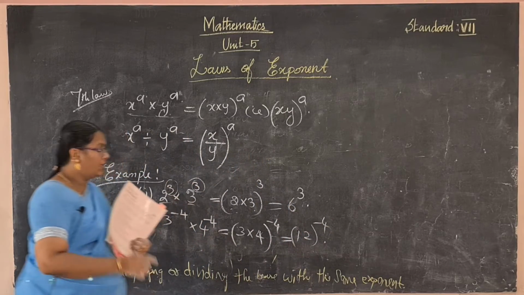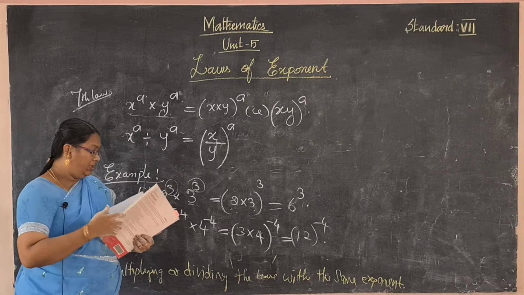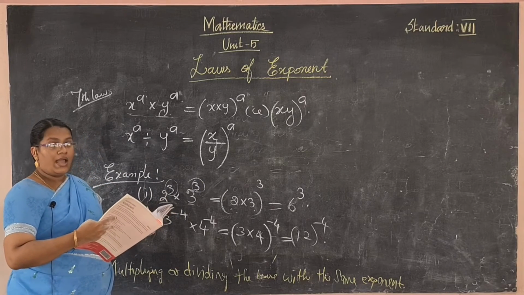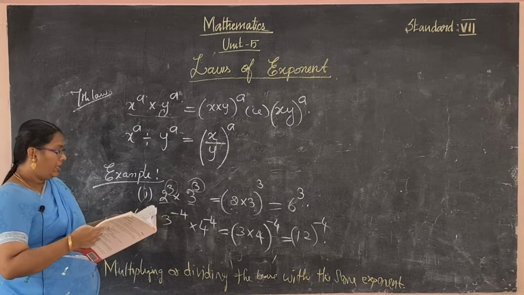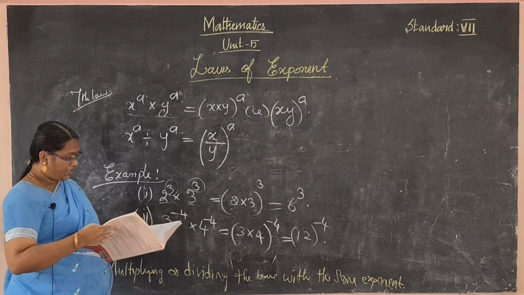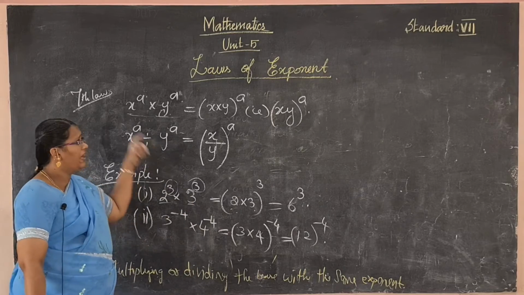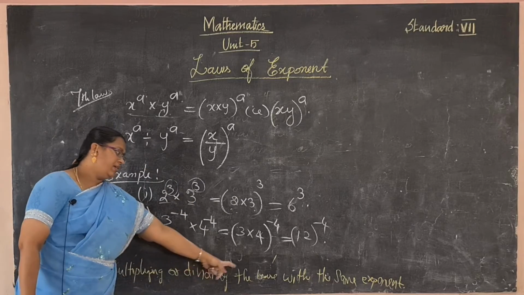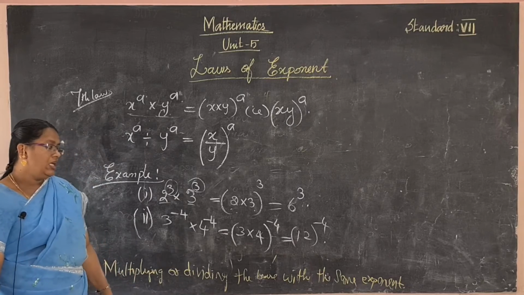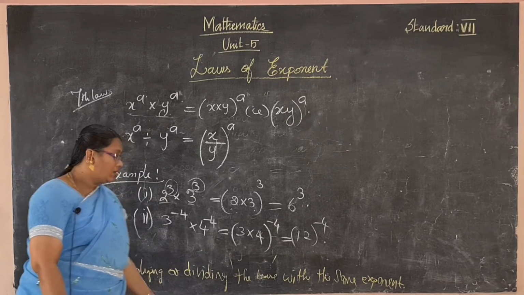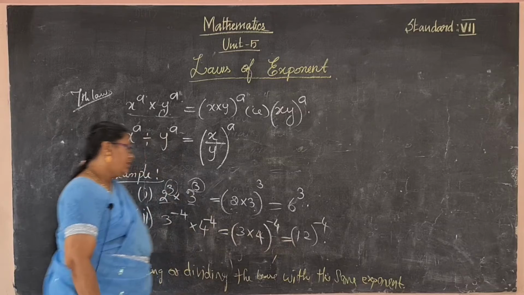If find the value is given, you have to write in the expanded form. Here it just asks to write in the exponential form, applying multiply or divide on the base with the same exponent only. Okay, so I will start with this one.